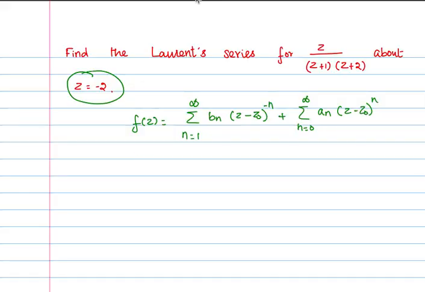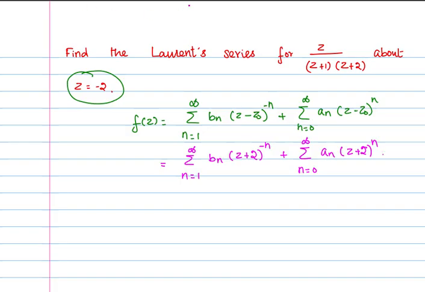So the series we require is f of z equals summation n equal to 1 to infinity b_n times (z minus z naught, which is minus 2, so z plus 2) to the power minus n, plus summation n equal to 0 to infinity a_n times (z plus 2) to the power n.